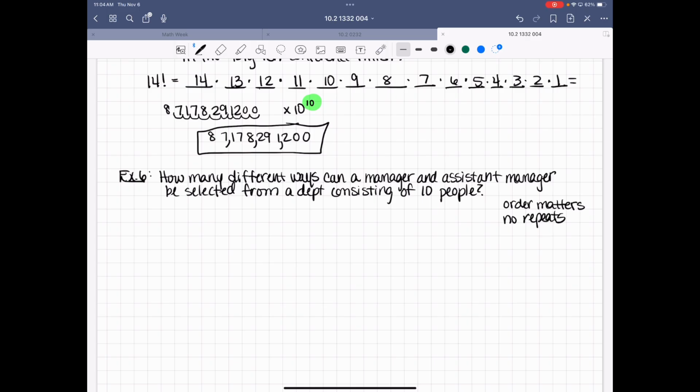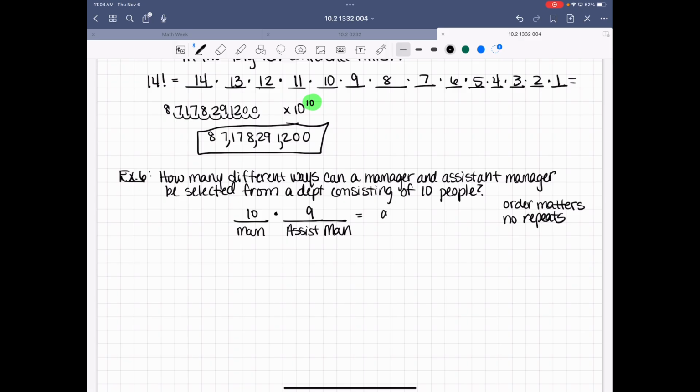All right, so how many slots do we have? 2. We have the manager and we have the assistant manager. How many people do we have to choose from for the manager spot? 10. So then that leaves how many for the assistant manager? 9.